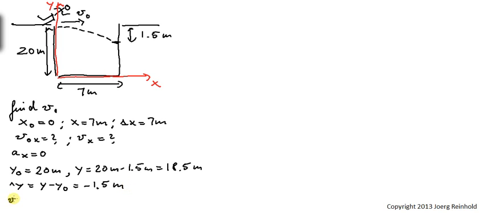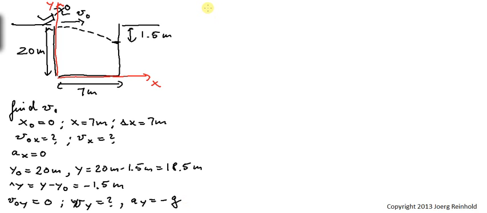Running off the roof horizontally, so v0y, the initial component, is 0. We don't necessarily know what the final velocity will be, and we know that ay is minus g because we define positive y going upwards. We're supposed to find v0x. So let's look at all the equations that we know that have v0x in them.